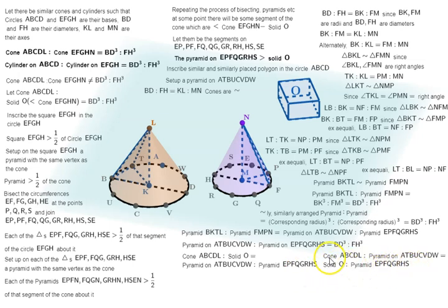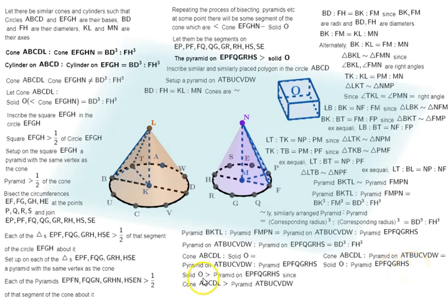Since cone ABCDL is greater than pyramid on ATBUCVDW, why? Because cone contains the pyramid or encloses the pyramid. That means solid O is also greater than pyramid EPFQGRHS.